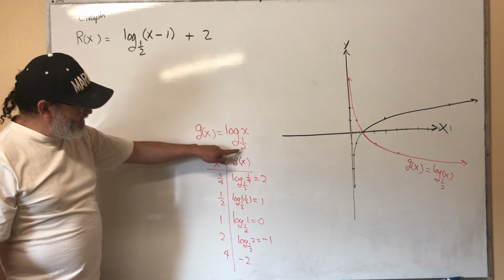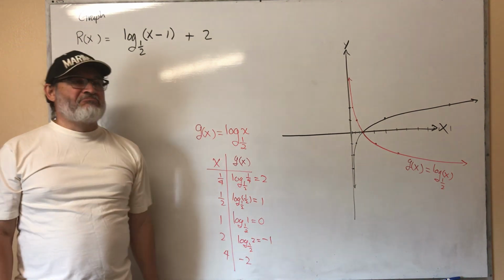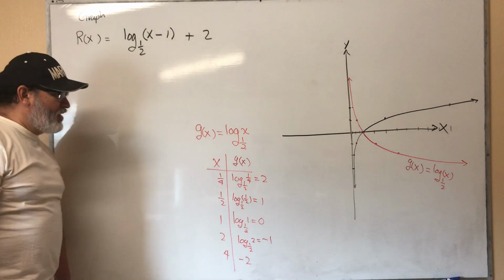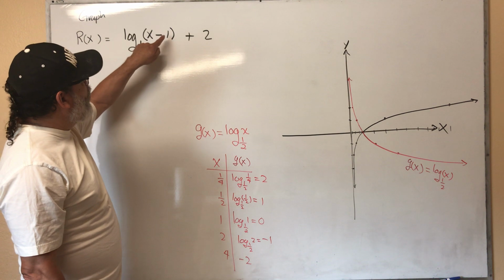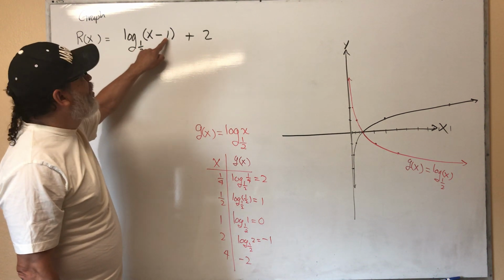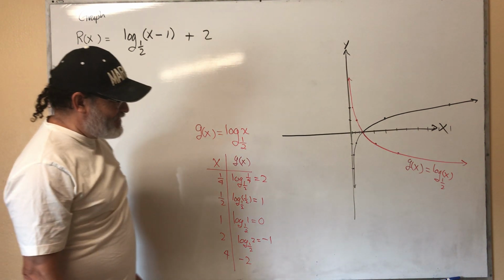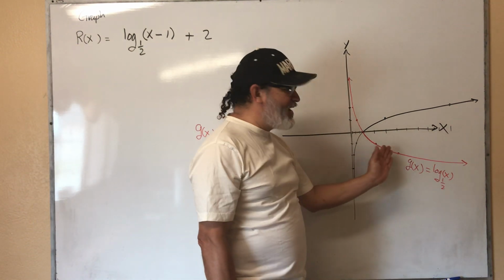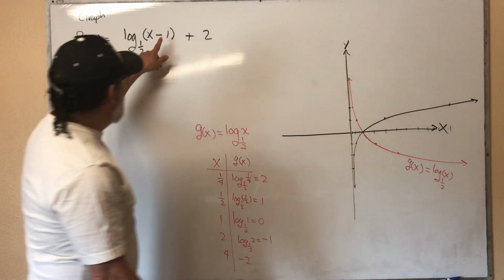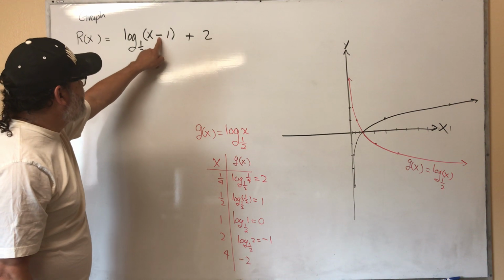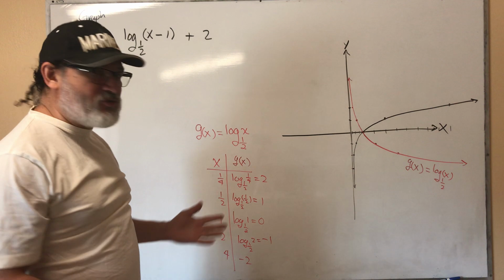Because the same base, half, same base, half. Okay. But it's been shifted 1 unit to the right, 2 units up. So you see every point on the red graph shifted 1 unit right, 2 up. Okay, let's graph it.